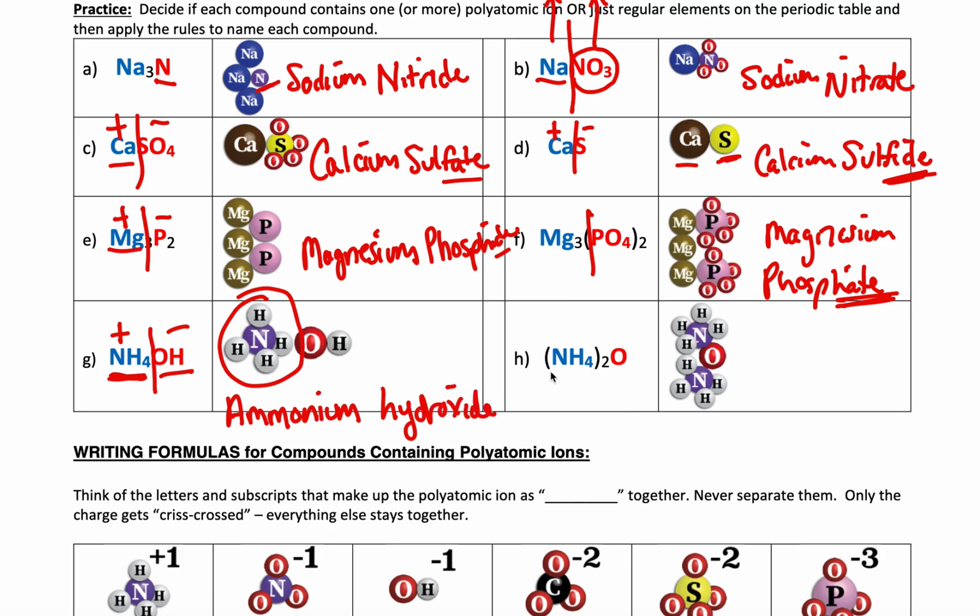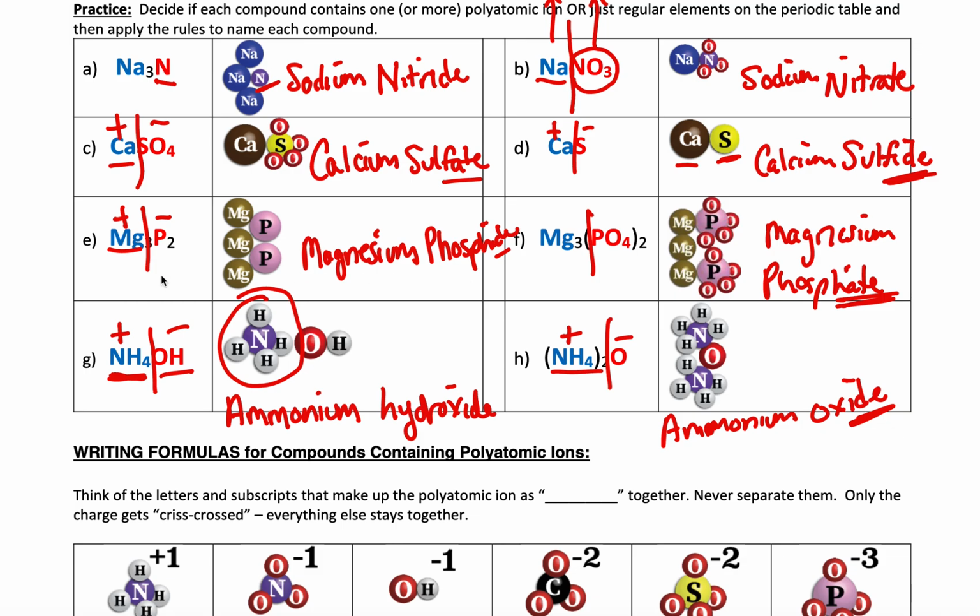This one, I see ammonium again. I know it's NH4. That jumps out at me because I practice with these a lot. That's my positive guy. So I write ammonium. And then, if that's my positive, what's my negative? Oxygen. Plain old little oxygen. So I write oxide, because that's what I do with plain old little elements on the periodic table.